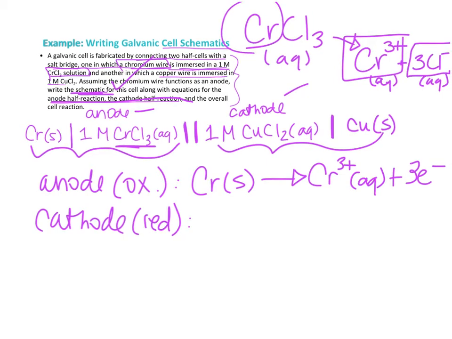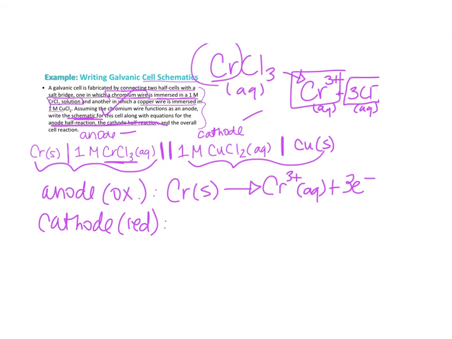And again, similarly to that chromium chloride, we have copper chloride. So when this turns into ions, when it dissociates, it's going to be copper 2+ aqueous plus your 2 chloride ions aqueous.